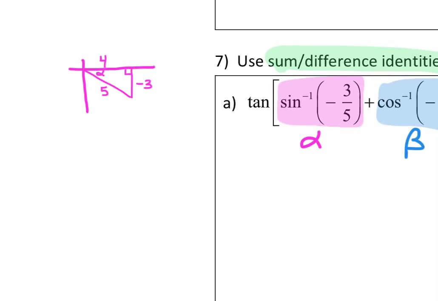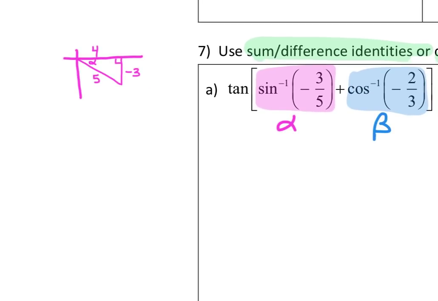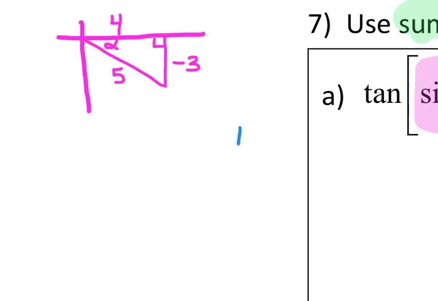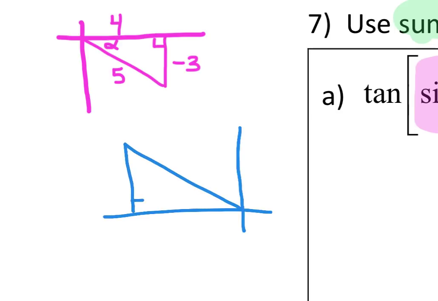Then beta is cosine inverse of negative 2 over 3. Remember that cosine inverse of a negative input is going to be a 2nd quadrant triangle. And so my beta is going to be in the 2nd quadrant. Beta is the angle, not theta this time. And it says cosine of negative 2 over 3.